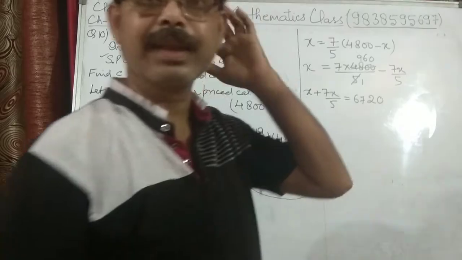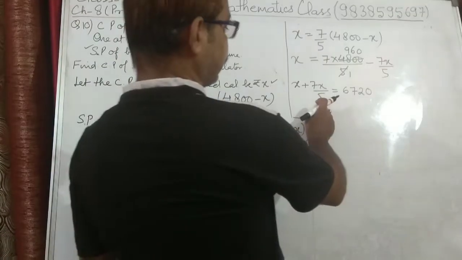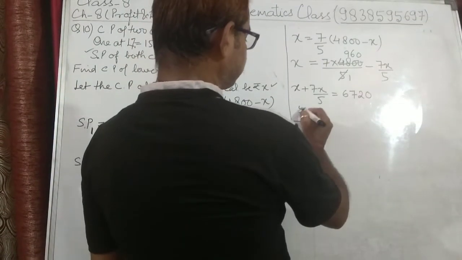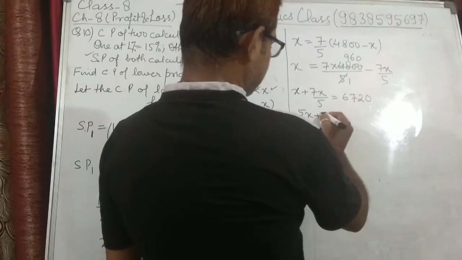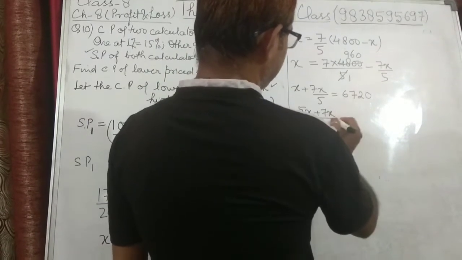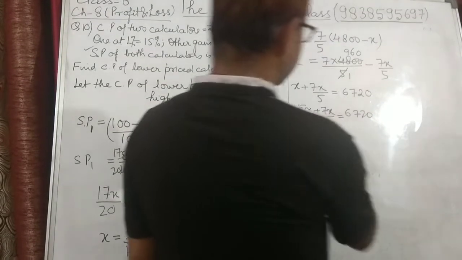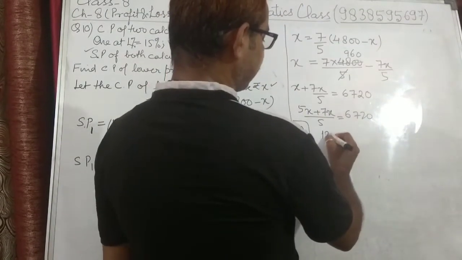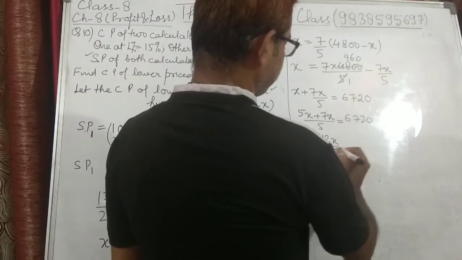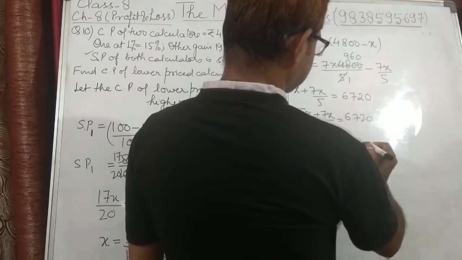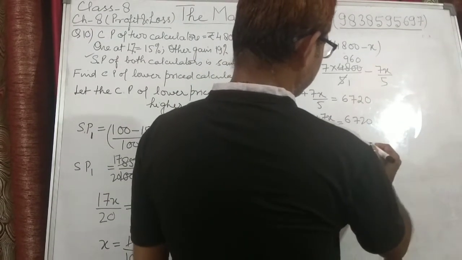Now we will take the LCM over here as 5. This will be 5x plus 7x upon 5 is equal to 6720. 5 and 7 is 12x. 12x upon 5 is equal to 6720.